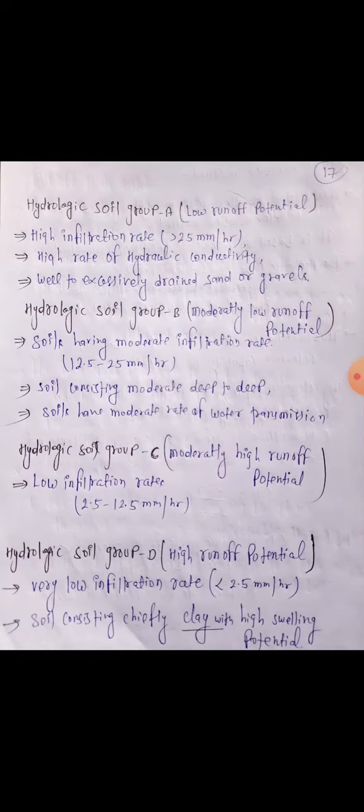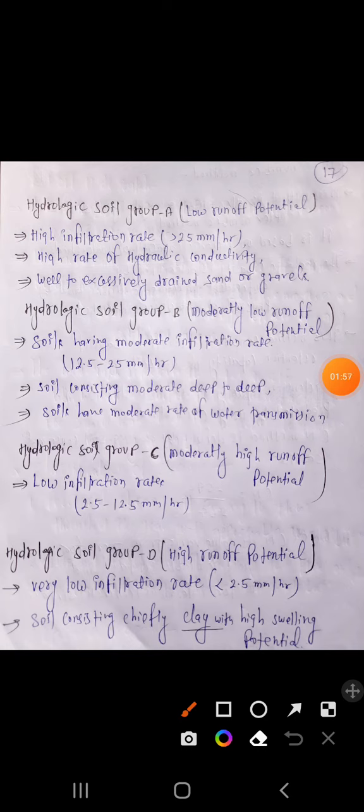Now come to the hydrologic soil groups. There are four hydrologic soil groups: hydrologic soil group A, B, C, and D. First, hydrologic soil group A has low runoff potential, because there will be low runoff.